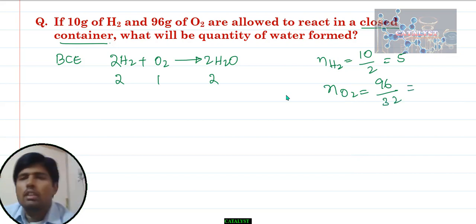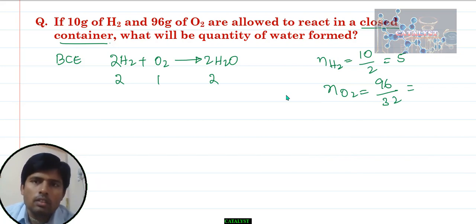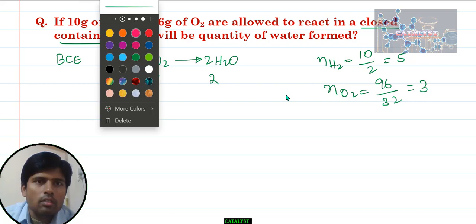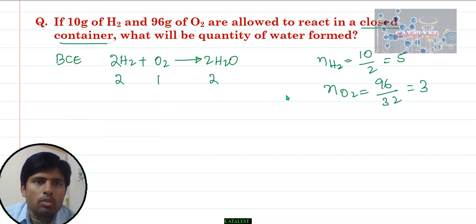So this is 3 moles. So this is given moles. So here we have 5 moles of H2 and 3 moles of O2.